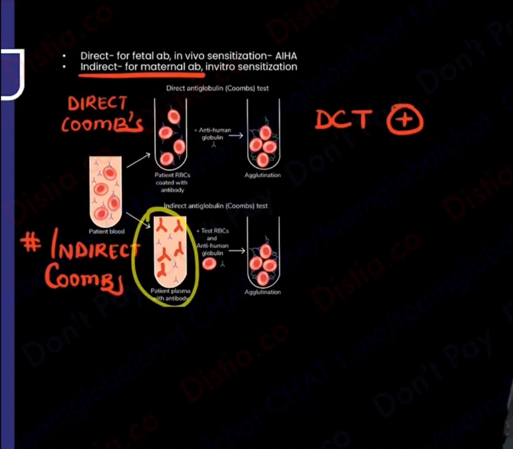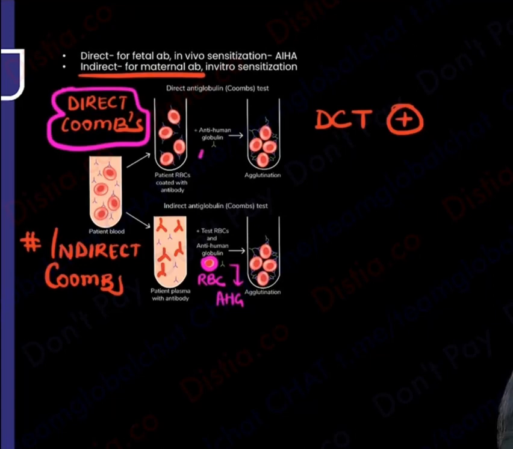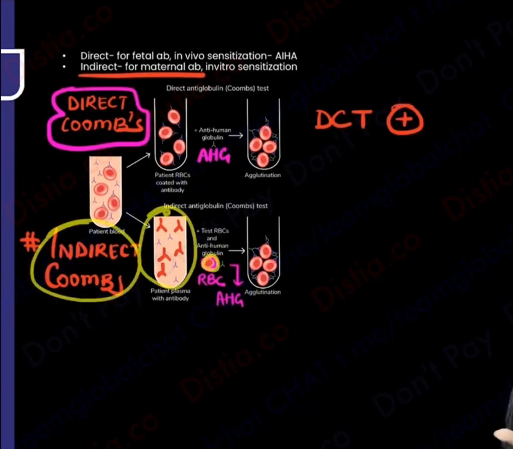पहले वाले में तो you took the cells, so you just had to add one antibody, direct था खत्म. यहाँ पर तो you've taken antibodies, so you will now add some test red blood cells also, and you will add the anti-human globulin also. So simple, in a direct Coombs test, all that you had to add was one anti-human globulin, khatam. But in an indirect Coombs test, because you have taken the serum, you will have to add the RBCs also and the anti-human globulin also.